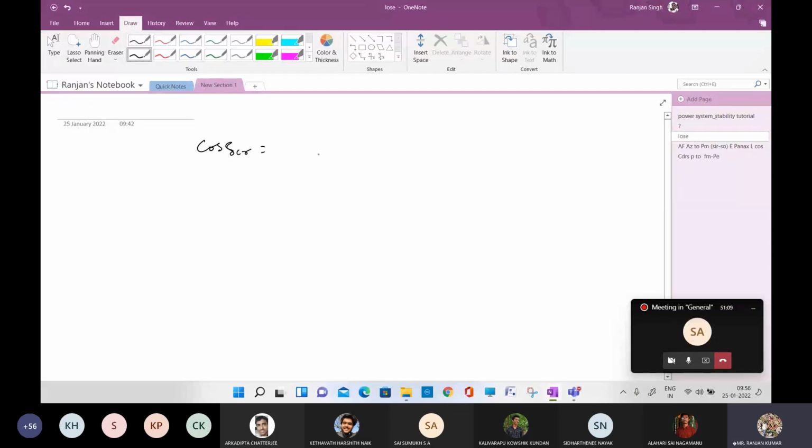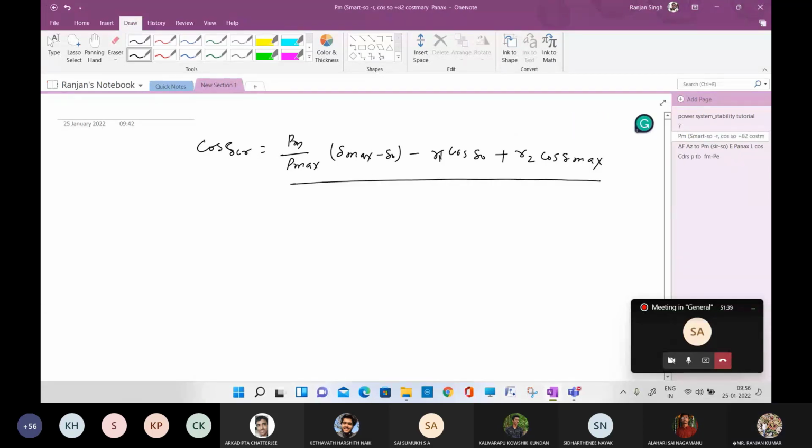So cos del CR becomes Pm by P max (del max minus del naught) minus r1 cos del naught plus r2 cos del max, over r2 minus r1.